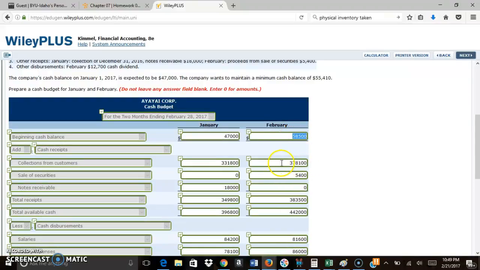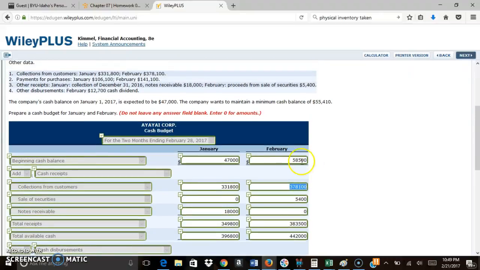And we go through collection from the customers, which was up here for 378,100. And then we input sales of securities, which is over here for 5,400. And since there was no notes receivable for February, we put 0.